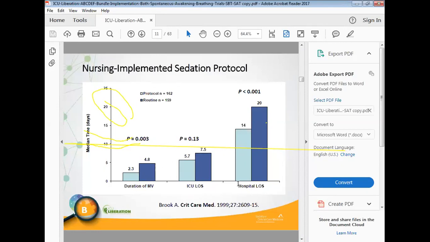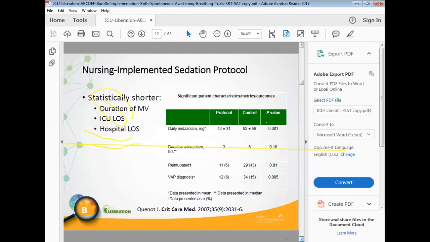So it is associated with improved outcomes when we implement a nursing-led protocol for sedation.